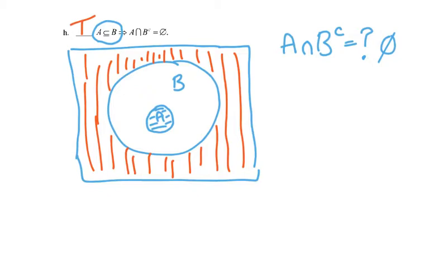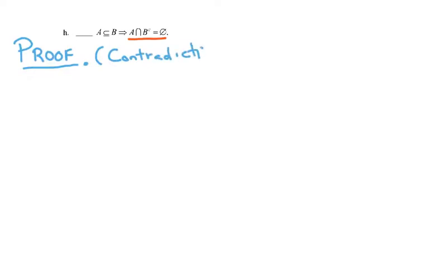So now we have to prove it. So I'm thinking contradiction. What about you? We have this statement involving the empty set, and if you try a direct proof, you're going to run into trouble, I think.